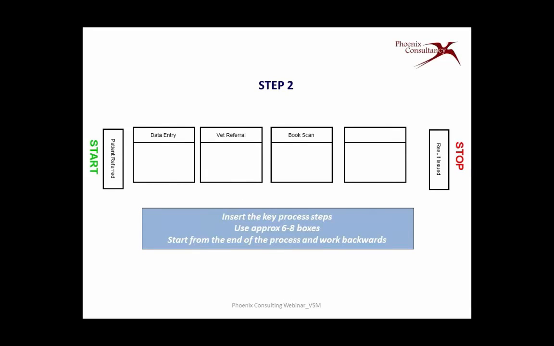Now, like no other tool in the Lean box at all, value stream mapping is the best way to teach yourself and colleagues how to see value and how to spot waste. Try to get into the habit, if you can, of always being really mindful of what is value. So what is it that the patient needs from my service or from my department processes?